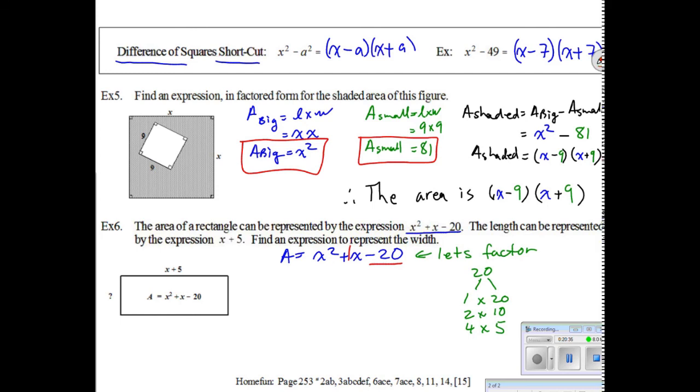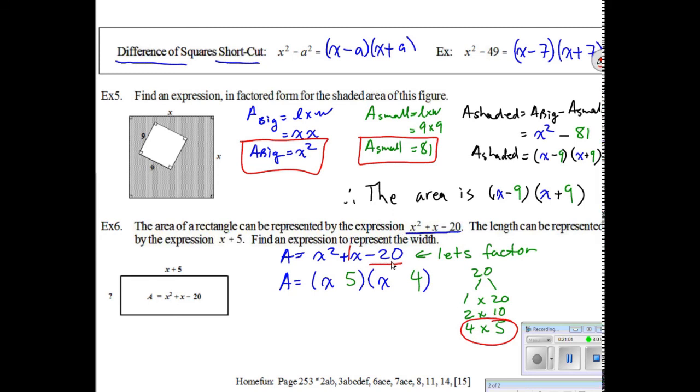Now my question is, which one is negative, right? I'm going to tell you. We know that 4 times 5 gives 20, right? But if I use it, one of them has to be negative and one of them has to be positive because the last number on here is a negative, right?